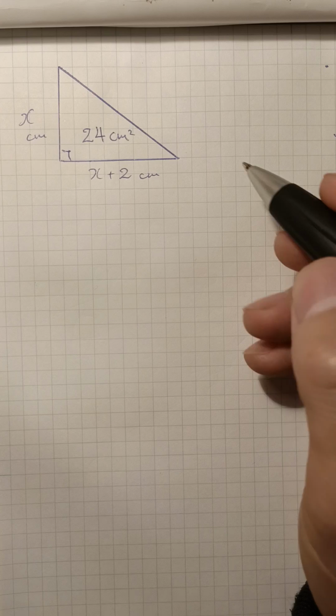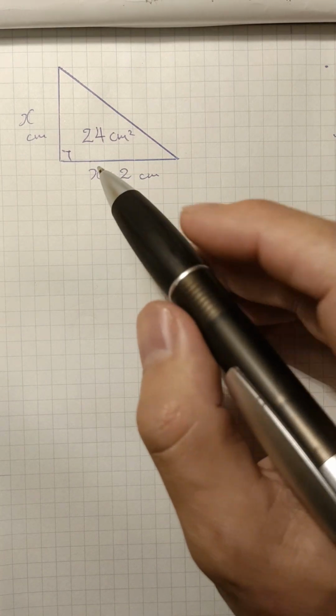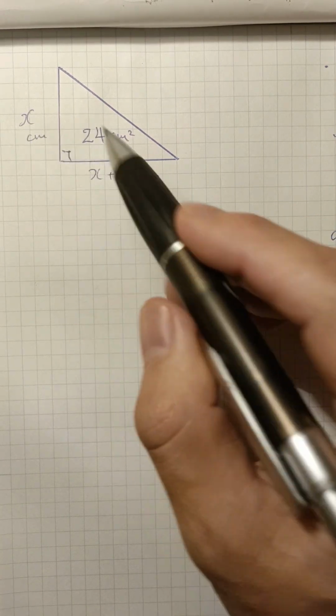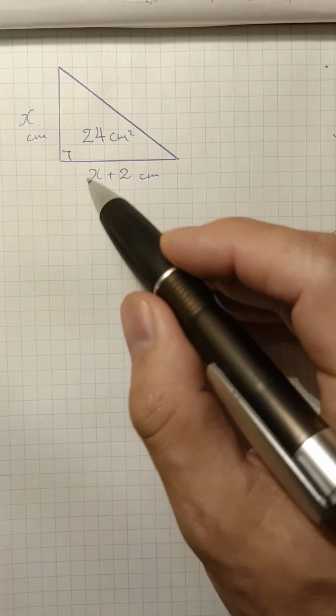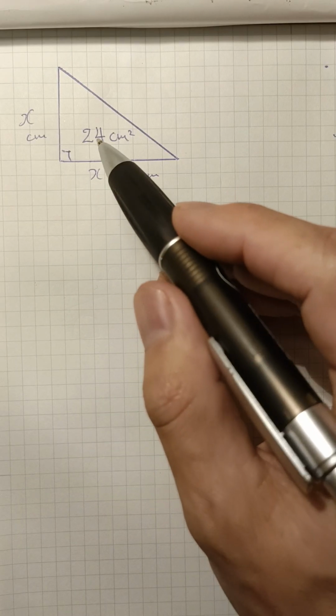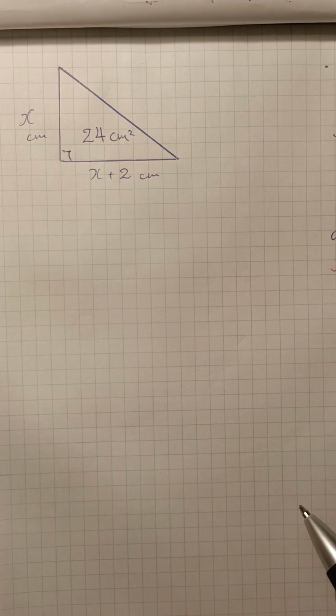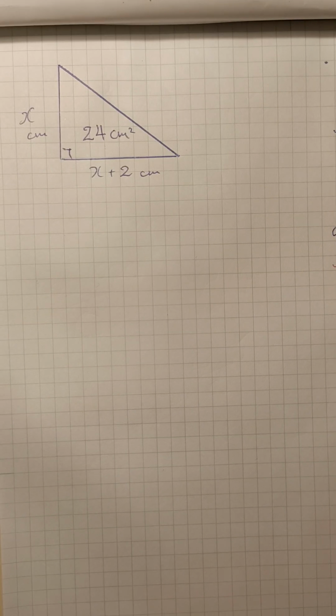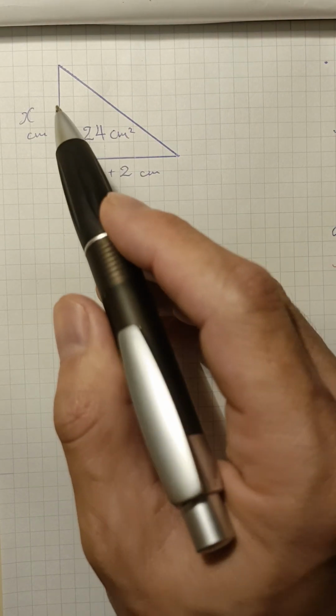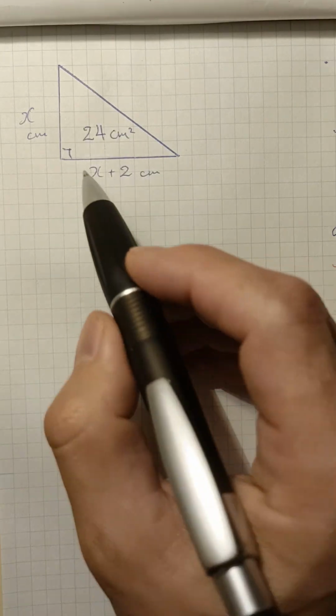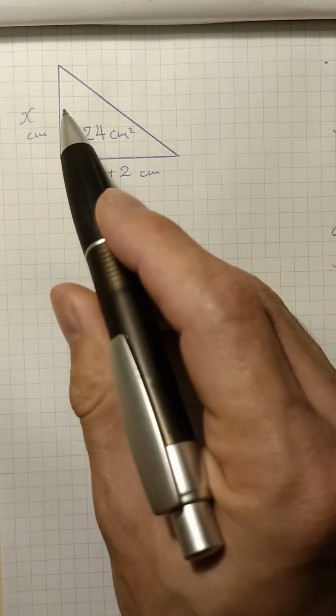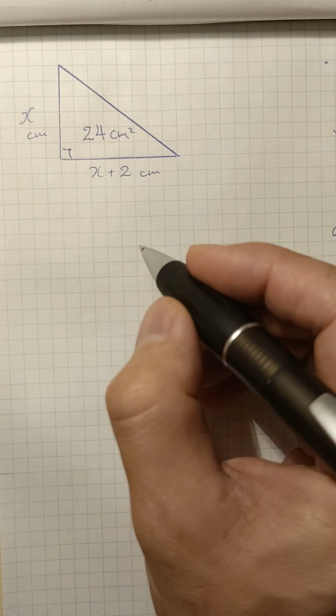Okay? So first, I want to figure out the value of x by looking at the area. To figure out the area of the triangle, you do base times height and then halve it, isn't it?